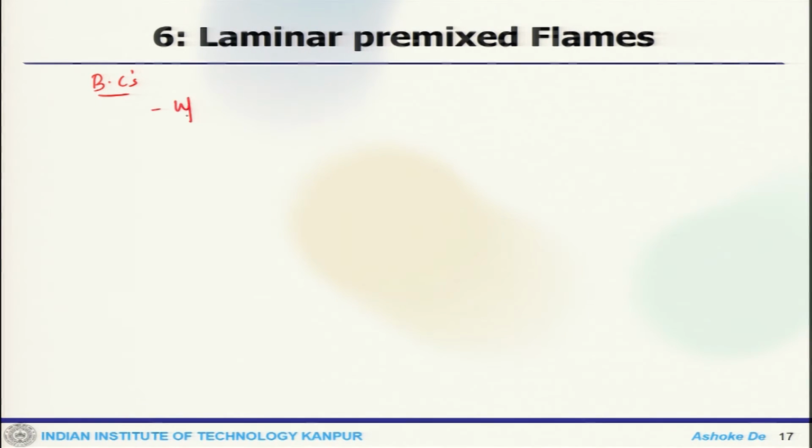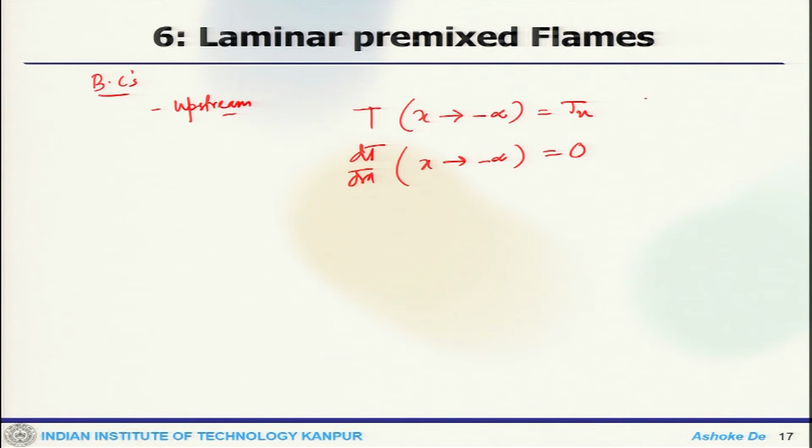At the upstream, as x tends to negative infinity, T is T unburned, and the gradient is 0 when x tends to negative infinity.